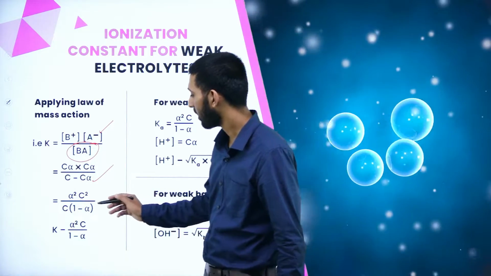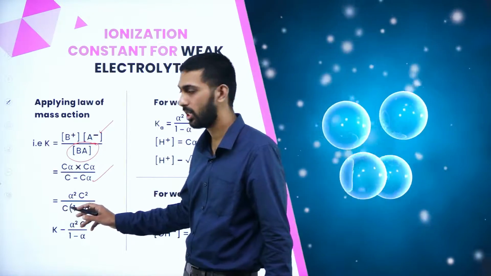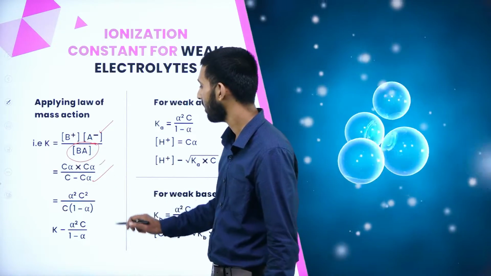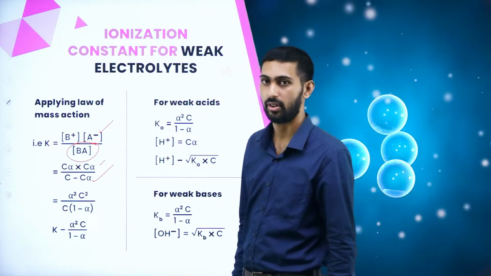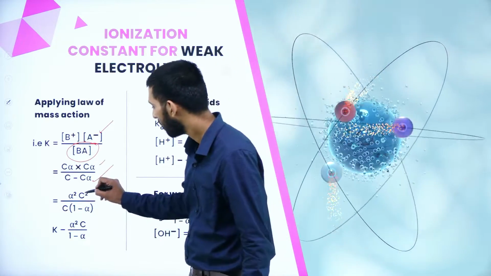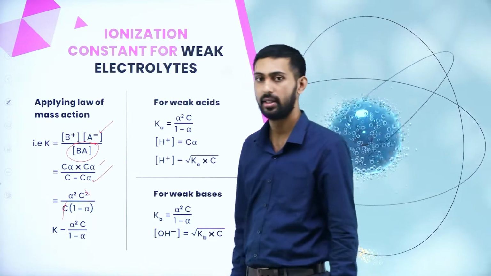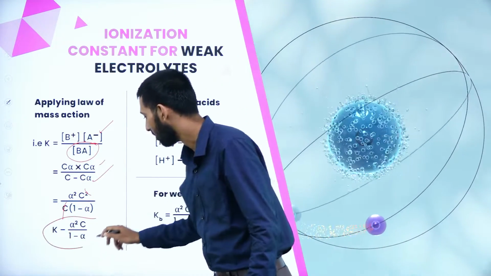In the next step, let us take C as common in the denominator, C into 1 minus alpha. If we multiply the numerator, we get alpha square into C square. This will cancel, so K is alpha square C divided by 1 minus alpha. We will get this relation.